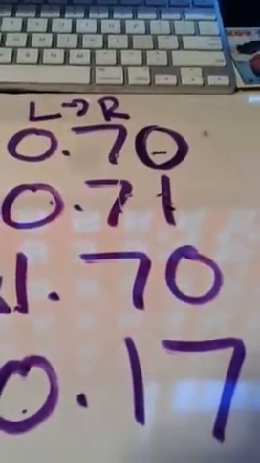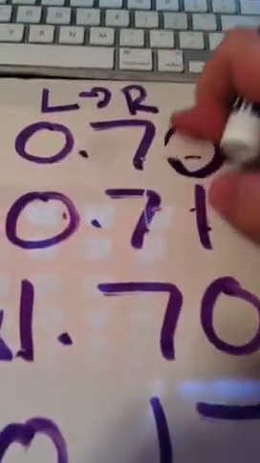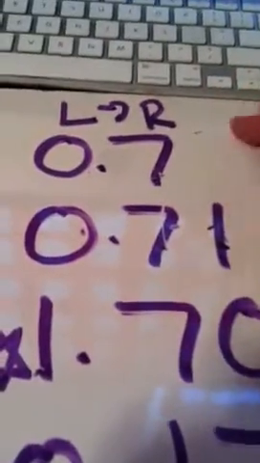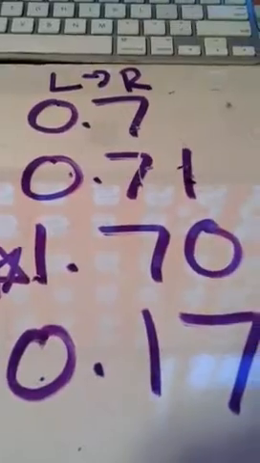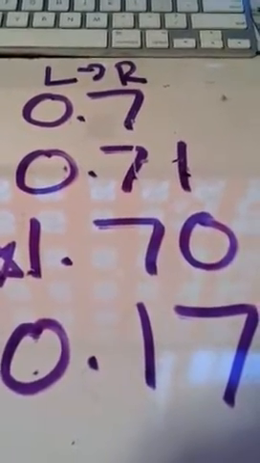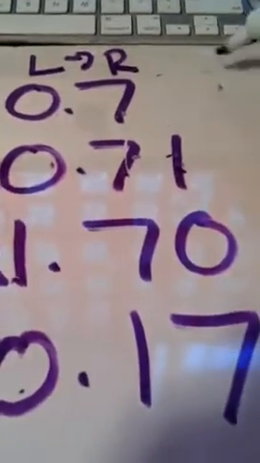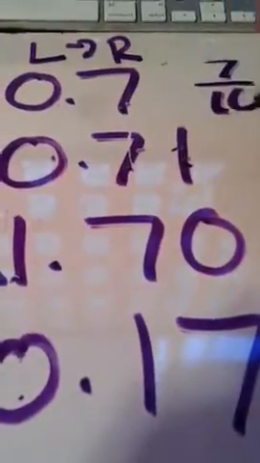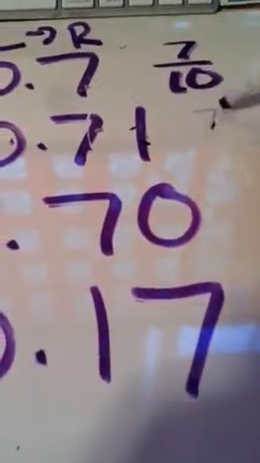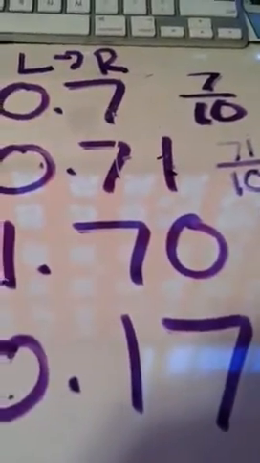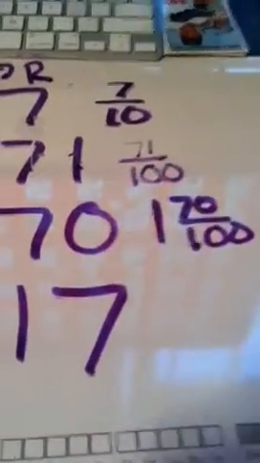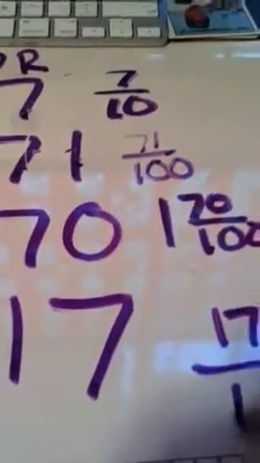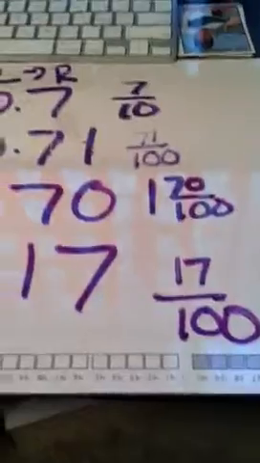So that's one way to do it. Another strategy that some people like is to look at them as fractions, and they'll actually convert their decimals to fractions. So they'll write 7/10, 71 hundredths, 1 and 70 hundredths, 17 hundredths.